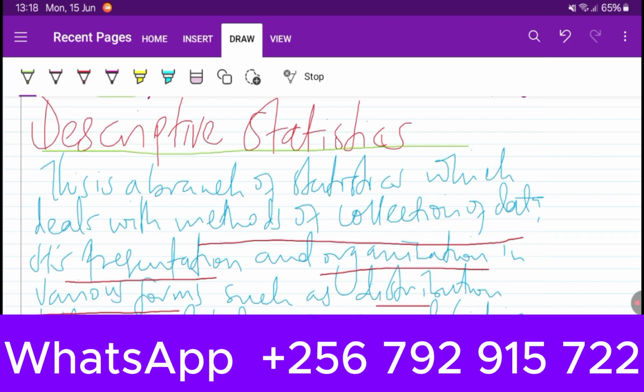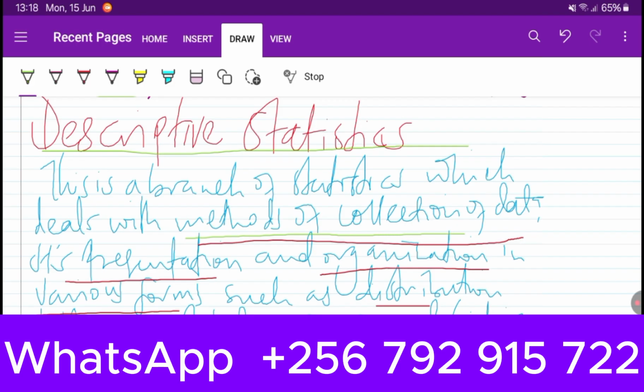So when we are looking at the definitions of different key terms in statistics, we make sure that we provide the definition and we also give the relevant examples so that we can understand what these are all about. So descriptive statistics is the branch of statistics which deals with methods.